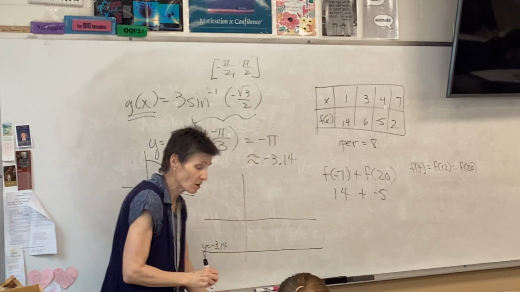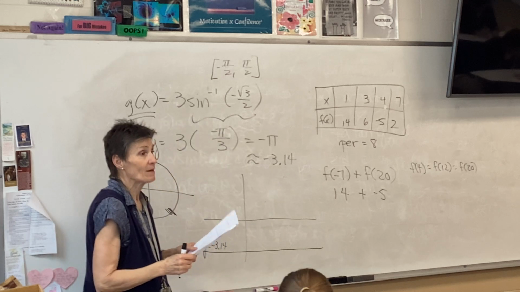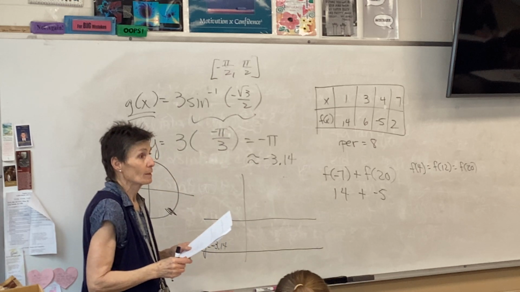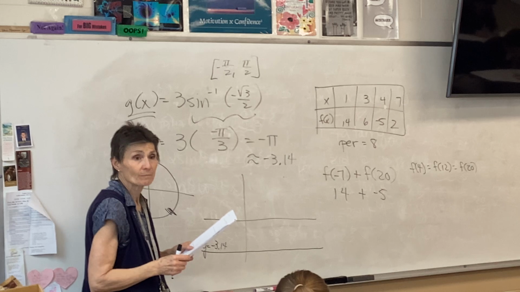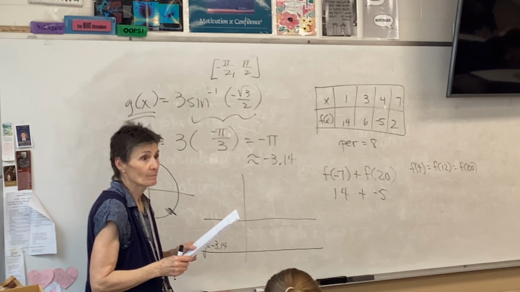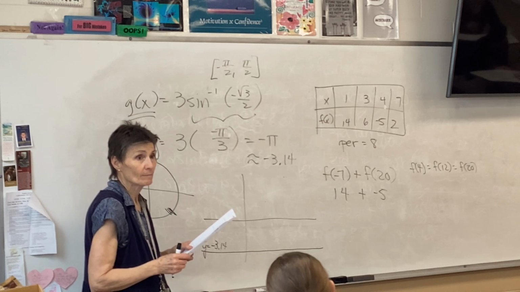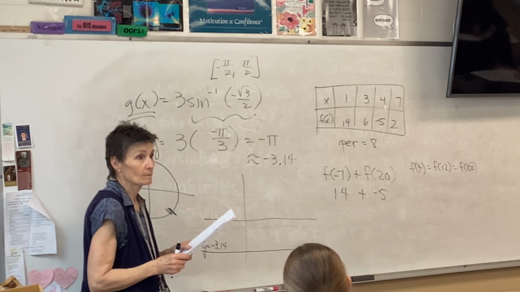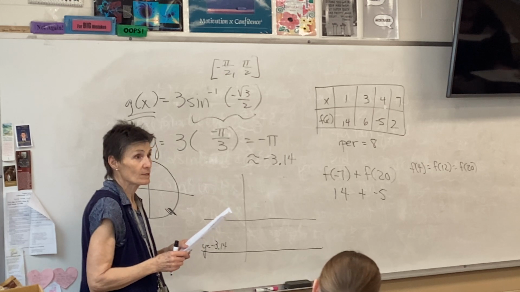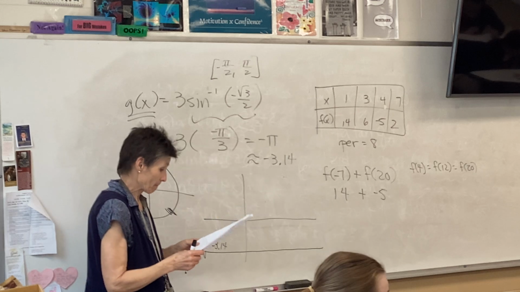How many points on that graph have a y value of -3.14? 4 of them, I think. Everybody see 4? Okay, alright.